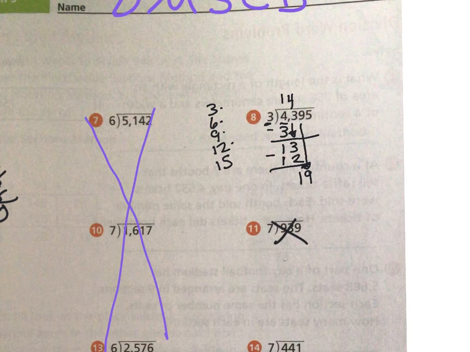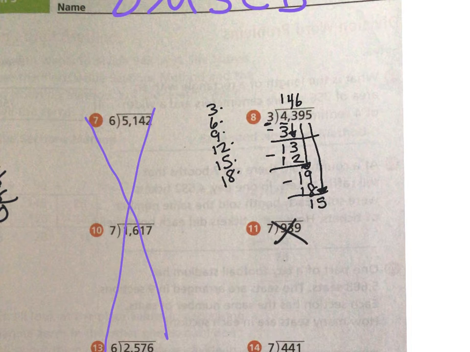Look up again. How many 3s fit into 19? 3, 6, 9, 12, 15, 18. That's pretty close, isn't it? So that's 1, 2, 3, 4, 5, 6 times. Put my 6. 6 times 3 is 18. I subtract. I have 1. And I have one long arrow to bring down my last number, okay, which is a 5.